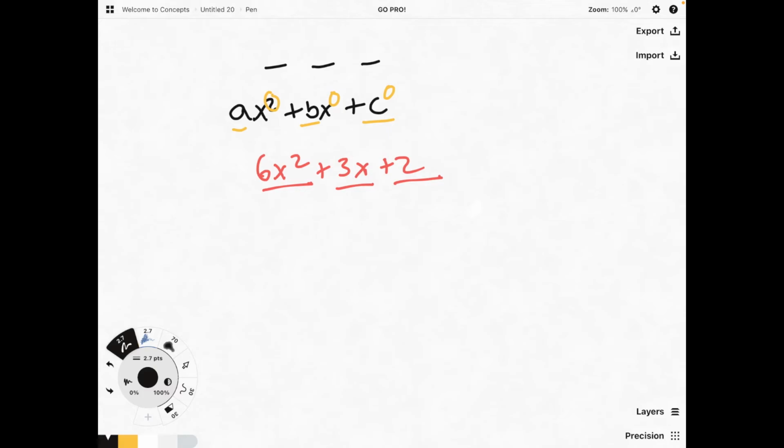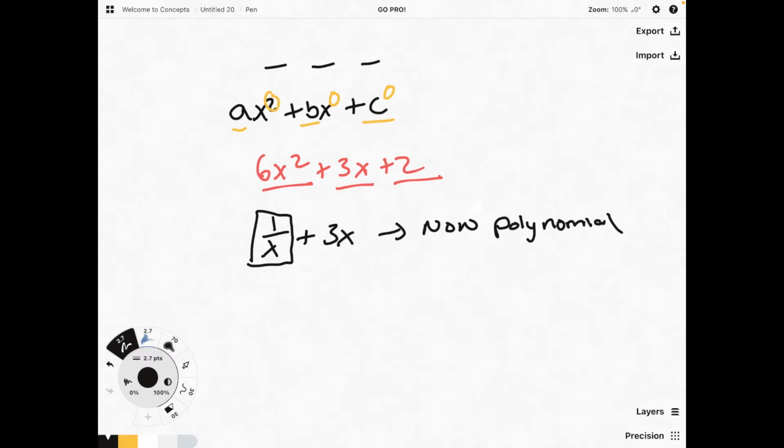For example, if we had 1 over x plus 3x, this is considered a non-polynomial. And this is because this term in x contains division, and therefore it's not considered a polynomial, but rather a non-polynomial.